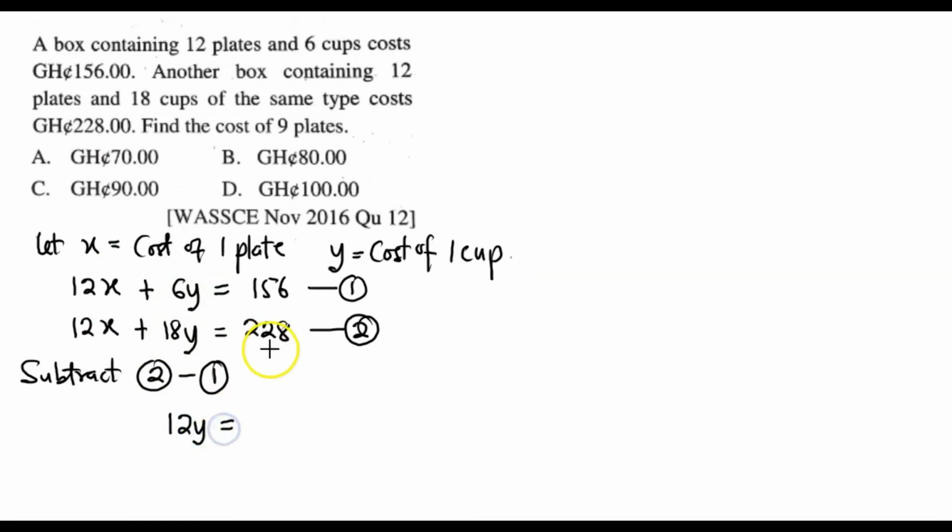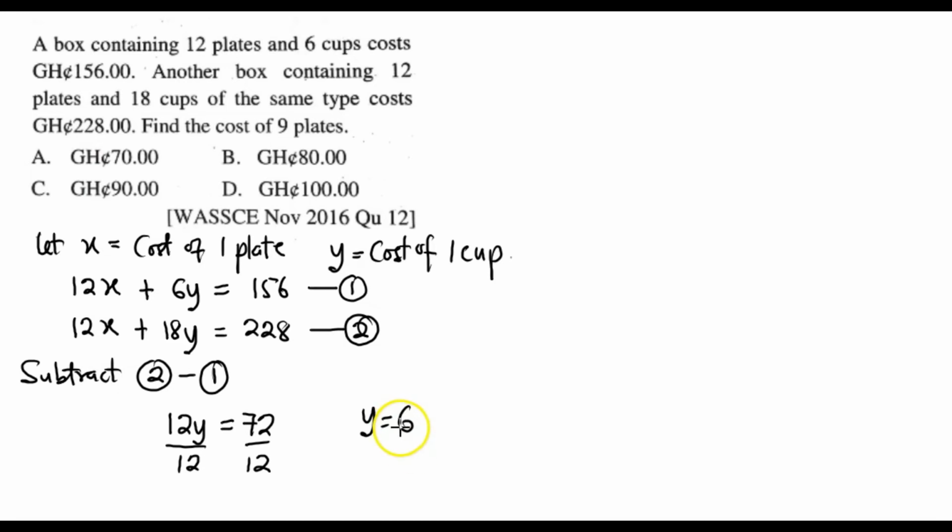And this should be equal to 228 minus 156, and that is giving us an answer of 72. So dividing both sides by 12, we end up getting the y value equal to 6.